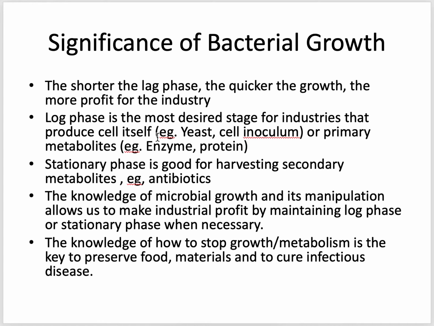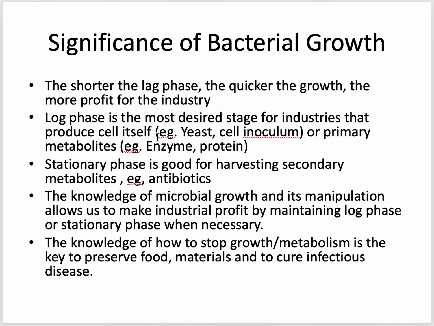Now say you want to produce primary metabolites by using microorganism. What you have to do is design the bacterial growth in a way that the log phase will be extended. Why do we need to extend the log phase? Because during the log phase, the microorganisms grow very rapidly.